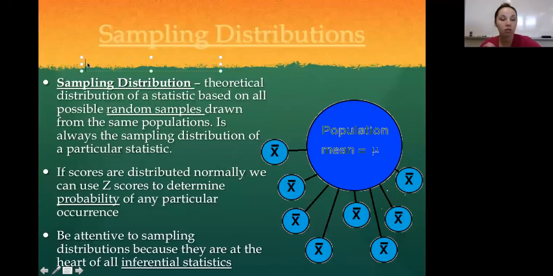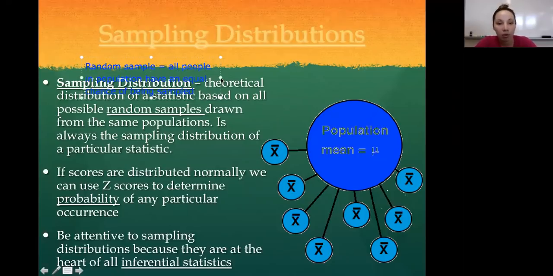So, random: all people in the population have an equal chance of being sampled.